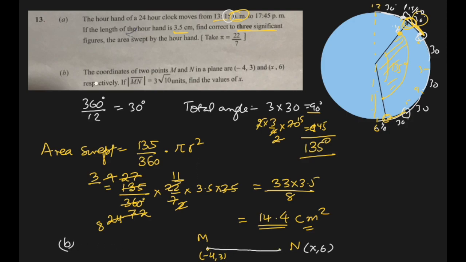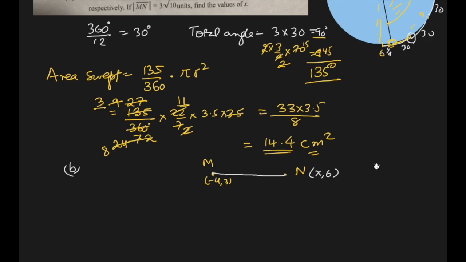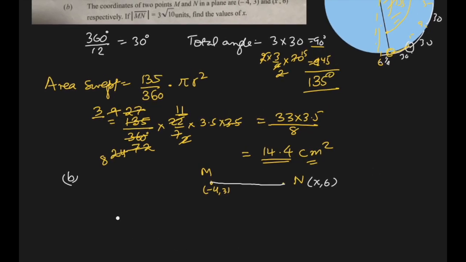Okay. Respectively, if the magnitude of MN vector is 3 square root 10, find the value of x. Values of x, that means we'll get more than 1. So the magnitude of MN, line segment MN, but we'll treat it like this, is found by distance formula.